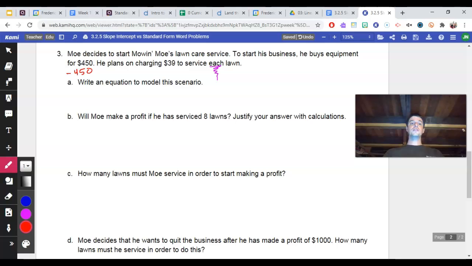But you're starting with the negative 450, that's the starting value, right? Or initial value. And then the rate is going to be $39 each lawn. So this also is a slope-intercept problem. So you're going to have y equals mx plus b. Of course, fill out the m and the b, and that will be the equation you'll have to model the scenario.